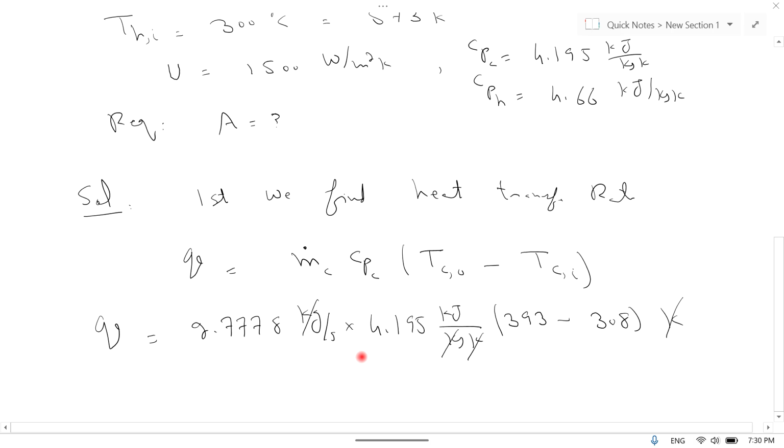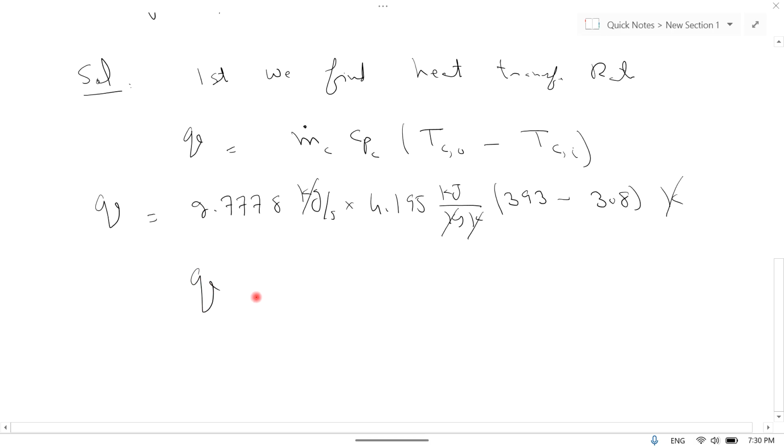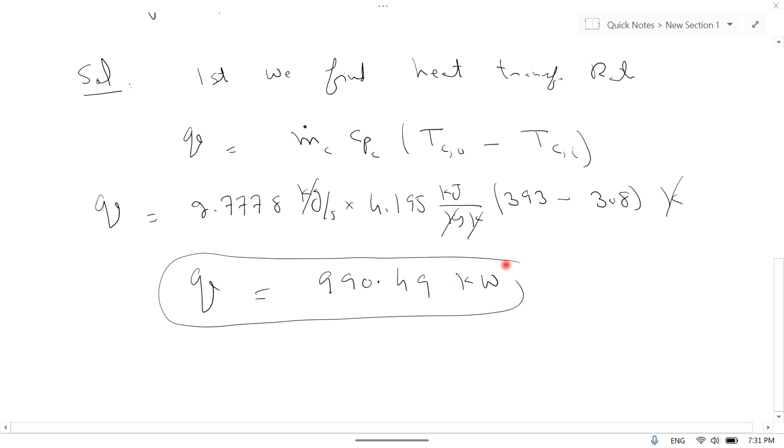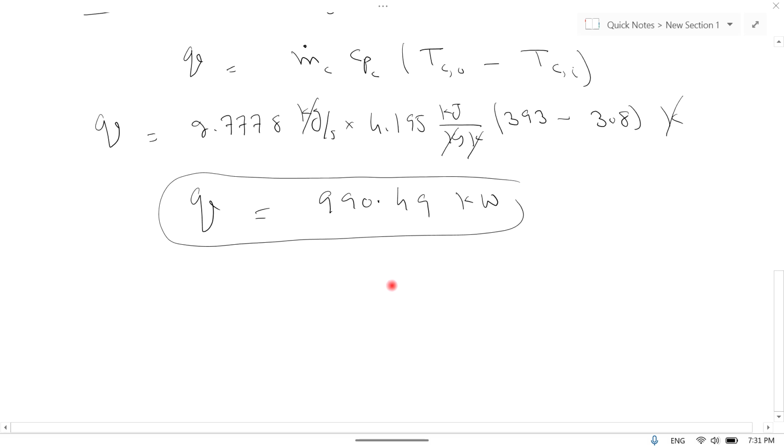Kilogram will be cancelled with kilogram. Simplify this value, which is equal to 990.49, and this is kilojoule per second. So joule per second is equal to watt. So the heat transfer rate is 990.49 kilowatt.